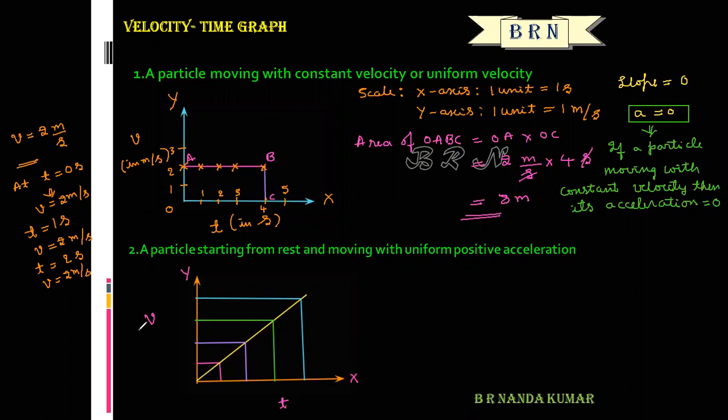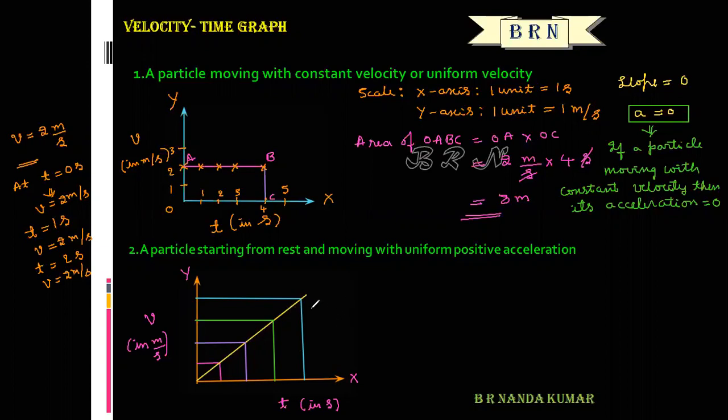What is the meaning of velocity time graph? A graph drawn by taking velocity along the y-axis and time along the x-axis. So velocity is measured in meter per second. Time is measured in second.